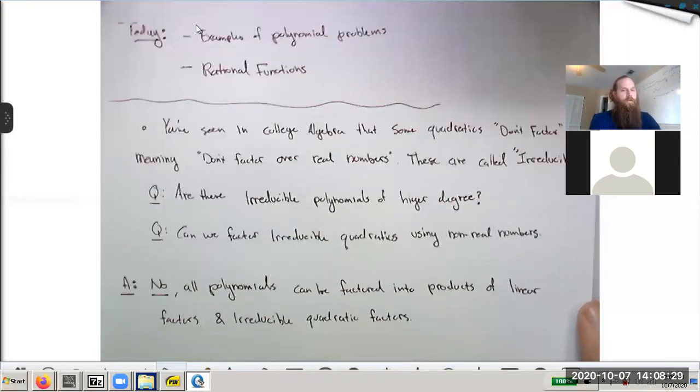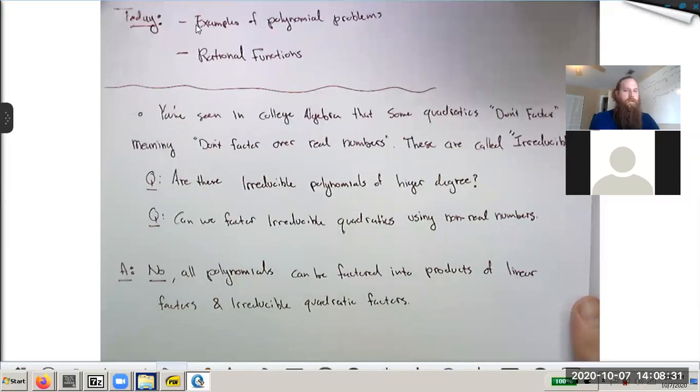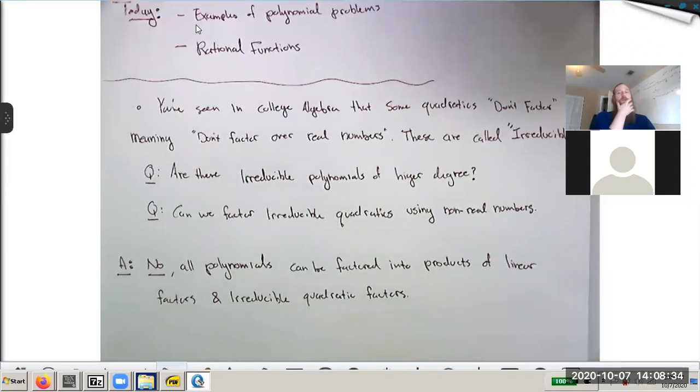So there's no such thing as an irreducible cubic. And in fact, if you think about the end behavior for a cubic, one side points up, the other side points down. That means somewhere in between, you had to have an x-intercept. And that x-intercept corresponds to a factor. So polynomials of degree 3, 4, 5, 6, 7, 8, 9, they can always be factored down into linear factors involving real numbers and irreducible quadratic factors involving real numbers.